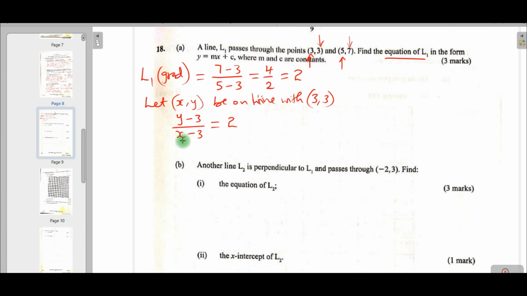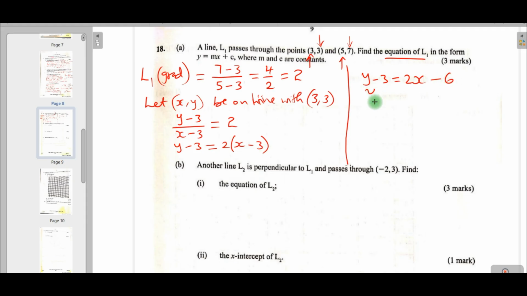And therefore multiply both sides by x minus 3. Therefore I'll have y minus 3 is equal to 2 multiplied by x minus 3. So I'll end up getting y minus 3 is equal to, opening the bracket, 2 times x, that is 2x, then minus 2 times minus 3, that is minus 6.